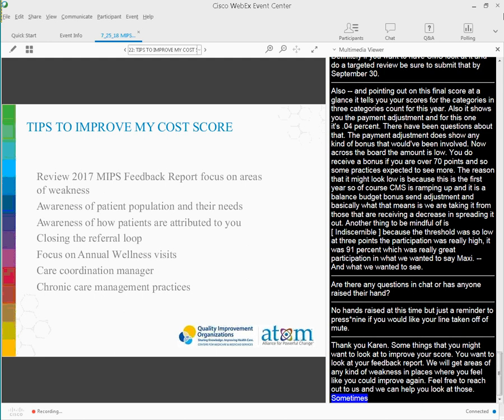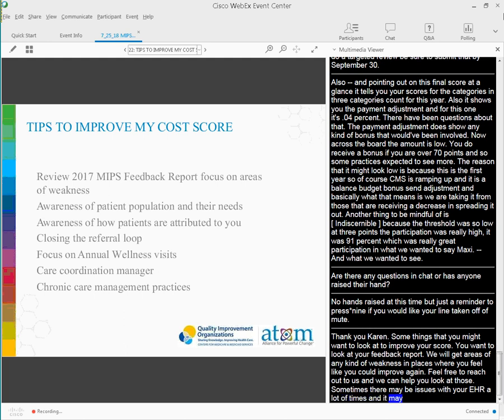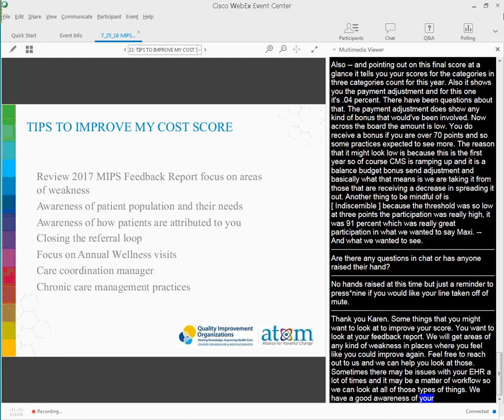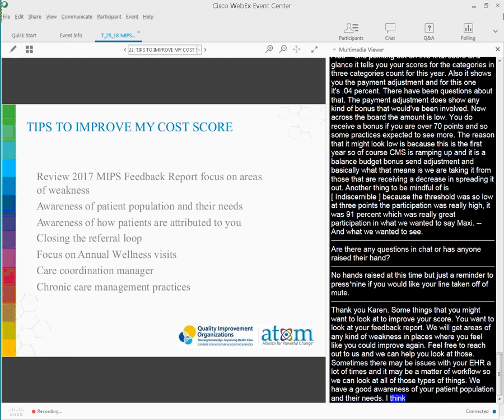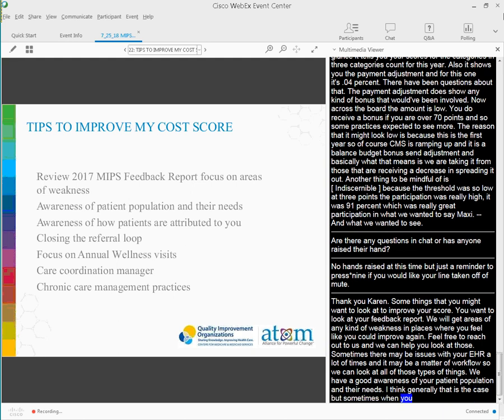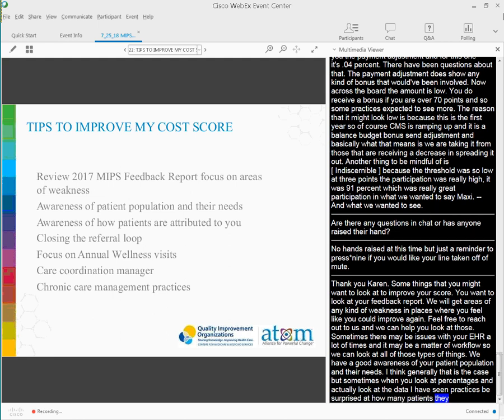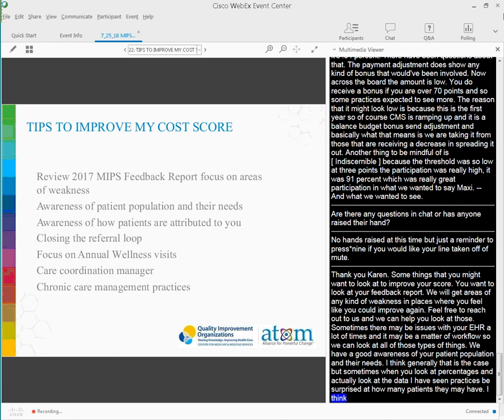Have a really good awareness of your patient population and their needs. I think generally that's probably the case, but sometimes when you actually look at the data, I've seen practices be surprised at how many patients they may have with, I think generally diabetes is pretty high, but there could be cases, say allergies, something like that.